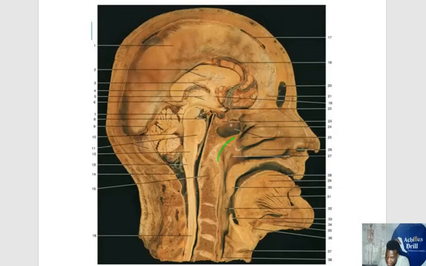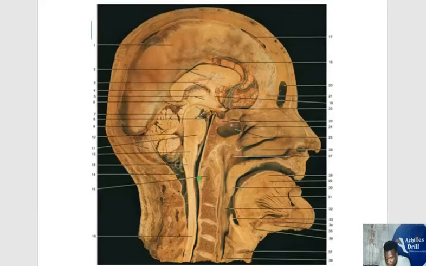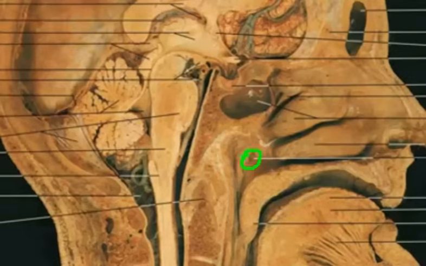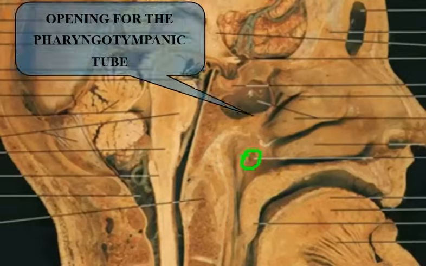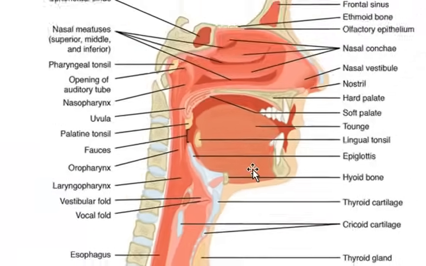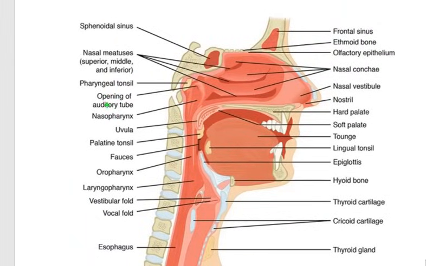And just behind the nasal cavity is the nasopharynx. Within this nasopharynx, a structure can be pinned. I don't know if you are seeing this. This is the opening for the eustachian tube, the pharyngotympanic tube. That's the opening for it. Take a look at this textbook picture. We also have it right here.